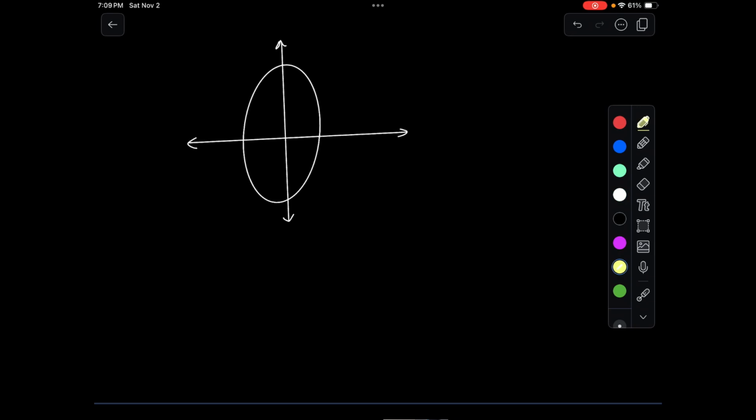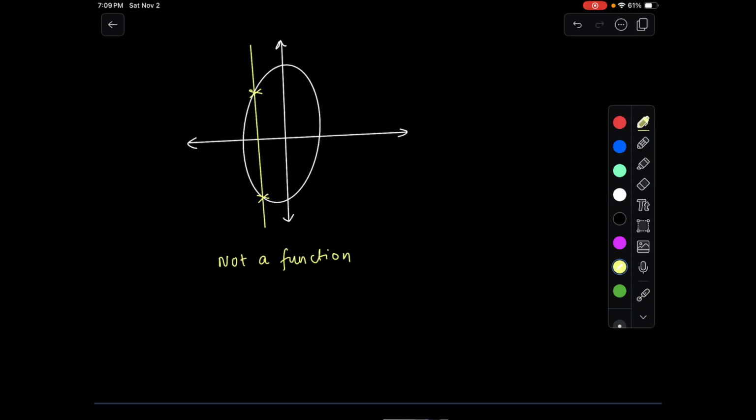Let us understand if this is a function. If I draw a vertical line, you can see that this vertical line is cutting the graph at two places. That means this is not a function. So there's no question of identifying whether it's one-to-one or many-to-one. This is not a function.